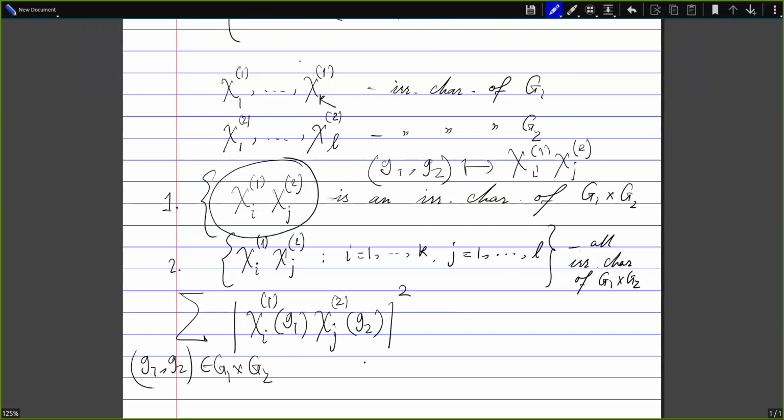Now it is easy to see that this sum is just 1, because first of all this is just a product, modulus and square, so you can break it like this. Now what you do is, for each g1 in G1, you take the sum over g2.